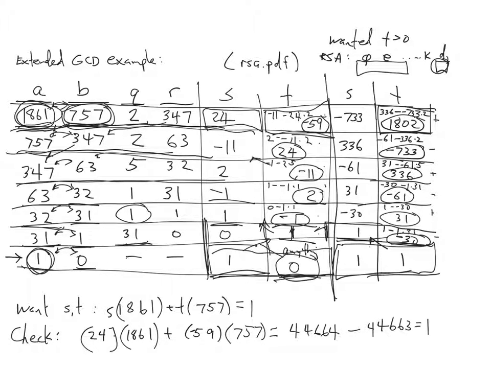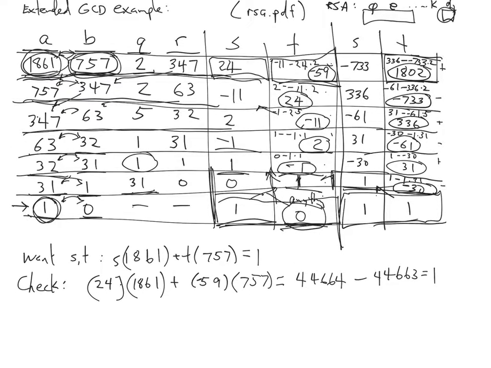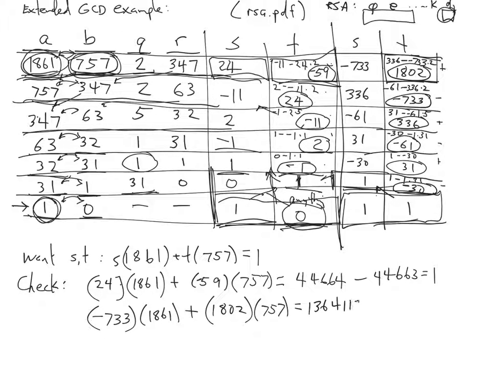All right, so the last check. So I think I can use the magic hand and scroll this up a little. Okay, good. So the check here is that minus 733 times 1861 plus 1802 times 757 is equal to, okay, so 733 times 1861 is 1364113.